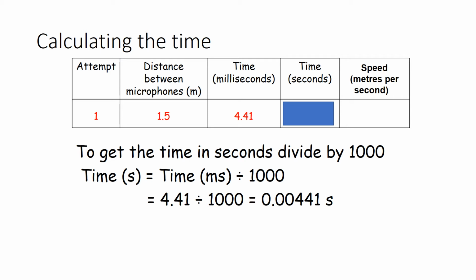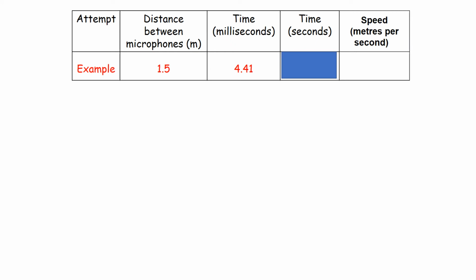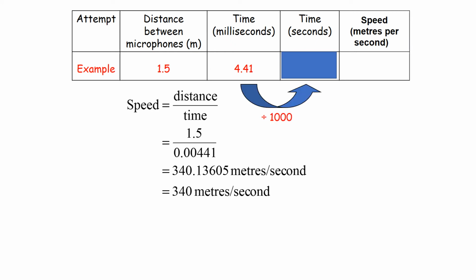So we get our time in seconds, and then we can do a calculation to work out the speed. Distance divided by the time, 1.5 meters divided by 4.41 milliseconds. That gives us a number with lots of digits in the calculator. We then need to round that up or down to 340 meters per second.